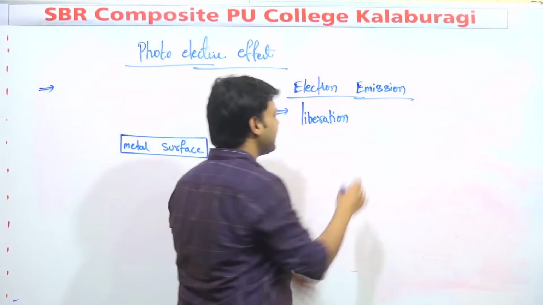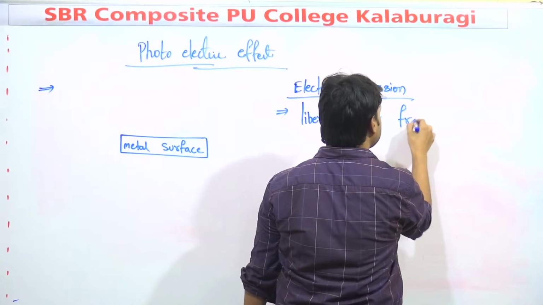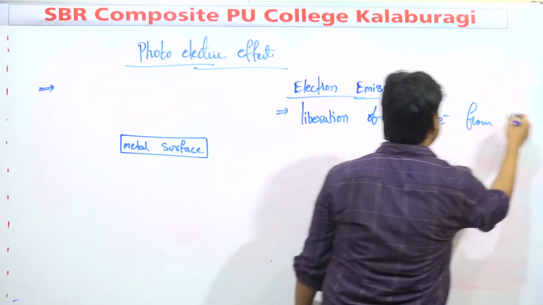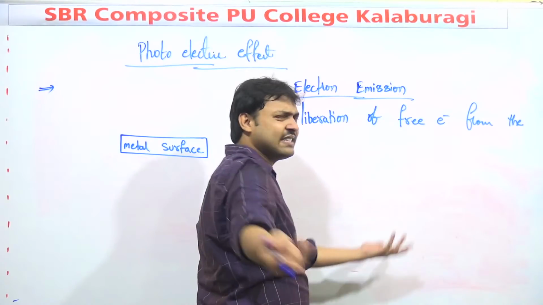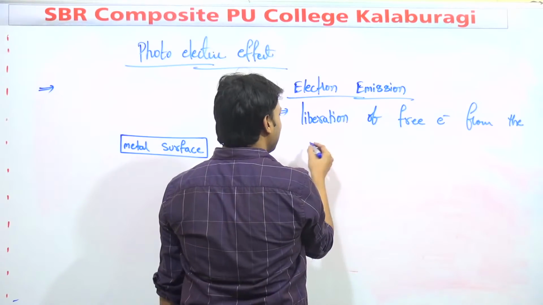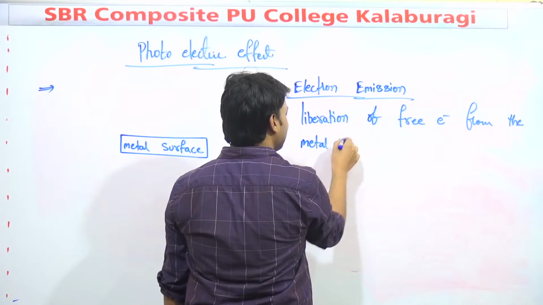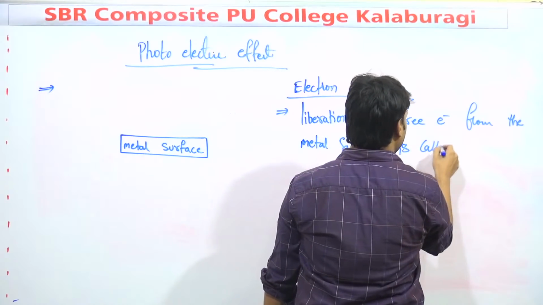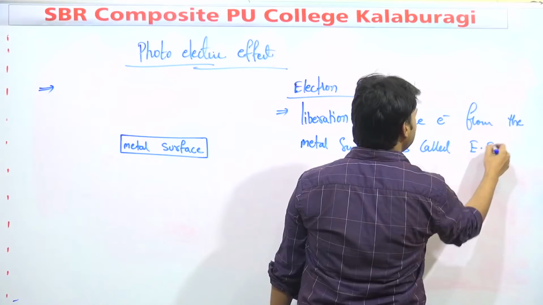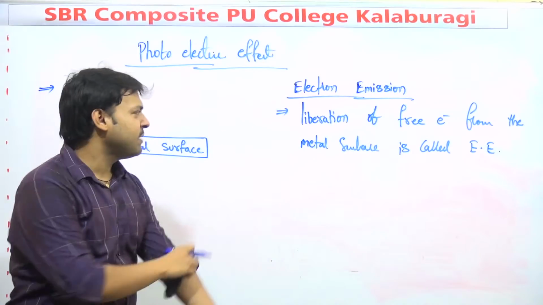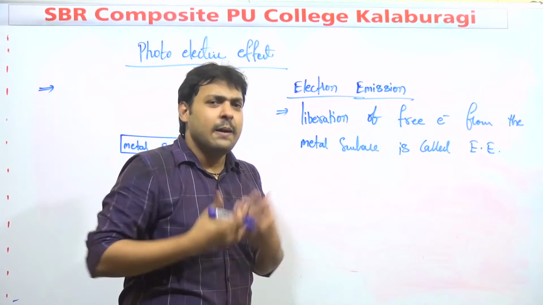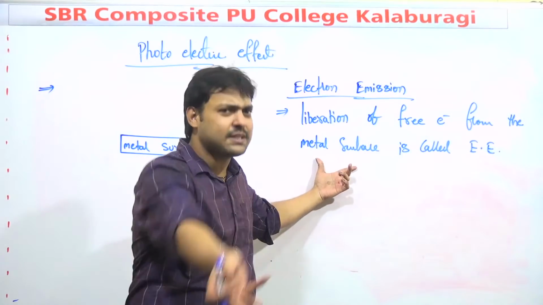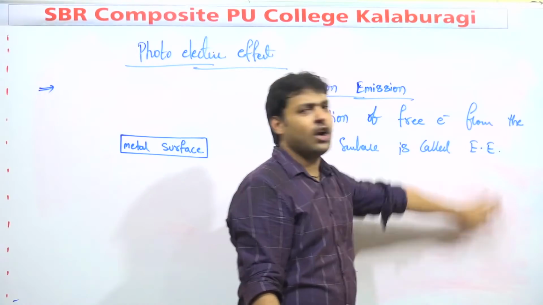So liberation of the free electrons from the metal surface or from any substance is called electron emission. Liberation in the sense of bringing out of the free electrons from the metal surface or from any substance. So it is called electron emission.